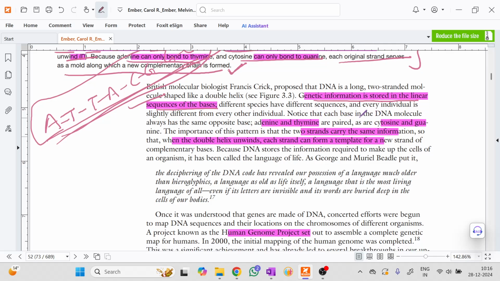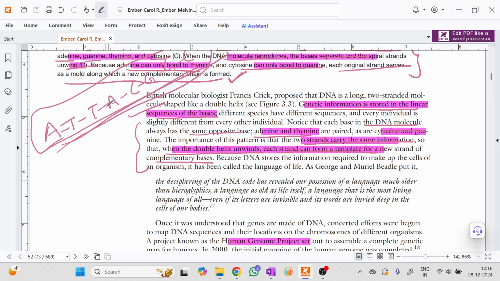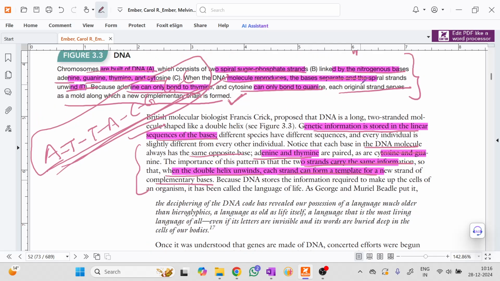This complementary pairing is explained here: DNA molecules always have the same opposite base. Adenine and thymine are paired, C and G are paired, and the two strands carry the same information. So when the double helix unwinds, each strand can form a template for a new strand of complementary bases. So the information is the same.